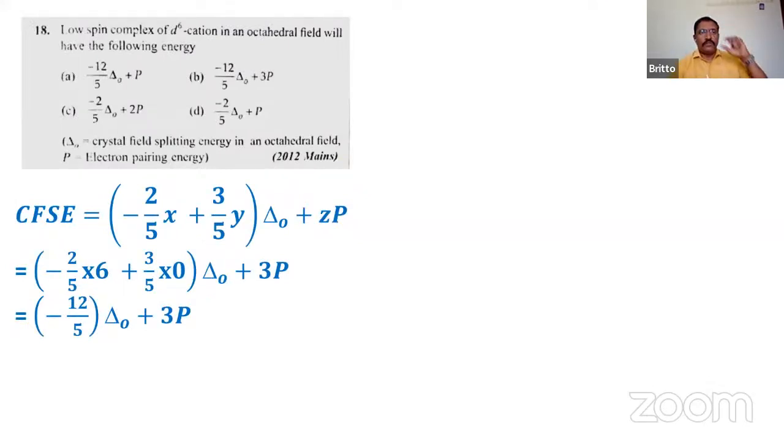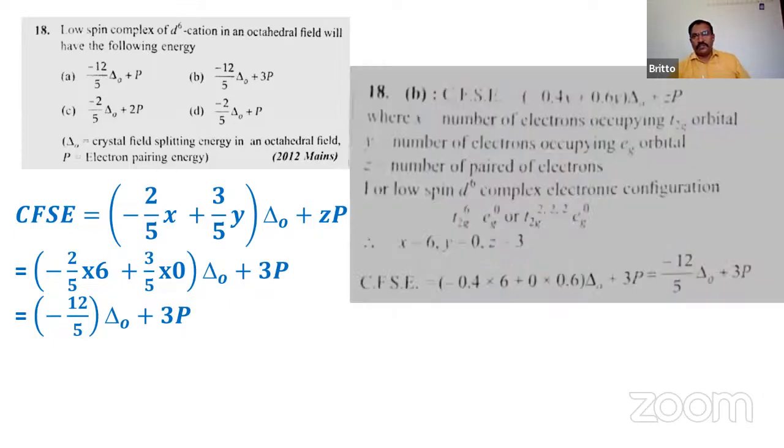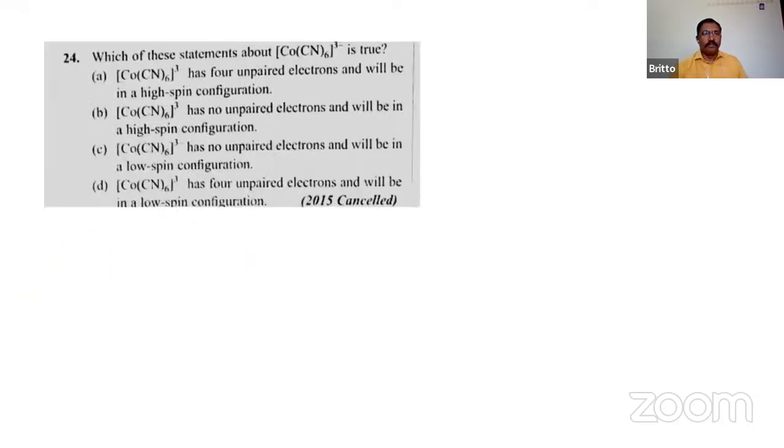The options are: minus 12 by 5 delta O plus P, minus 12 by 5 delta O plus 3P, minus 2 by 5 delta O plus 2P, and minus 2 by 5 delta O plus P. So what is the correct option? Minus 12 by 5 delta O plus 3P. Option B is the correct answer, because low spin d6 configuration means all the electrons should be paired.